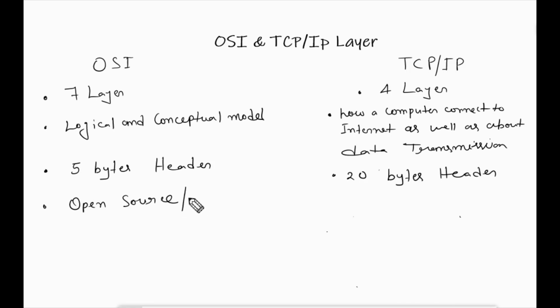So you can just call it a changeable kind of open source, a changeable kind of model. And this one is a fixed model. In TCP/IP, it is a restricted and accountable standard. So you are accountable and restricted to use this model.